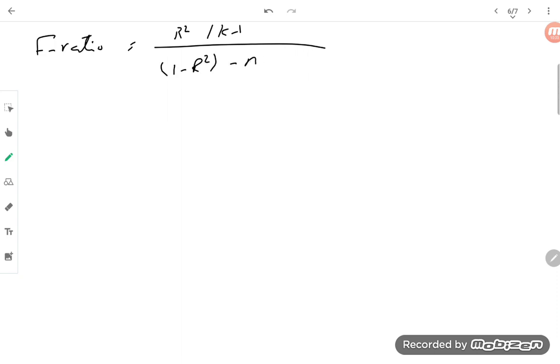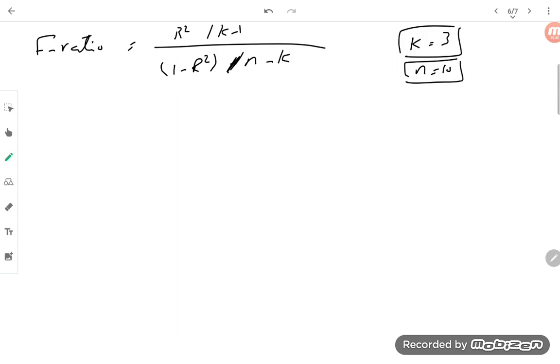Finally, we would like to test the significance of the model using the F ratio. F ratio is calculated as R squared divided by (K minus 1), divided by (1 minus R squared) divided by (N minus K). K is the number of estimated parameters, which is 3 in this case, and N as given is 10.